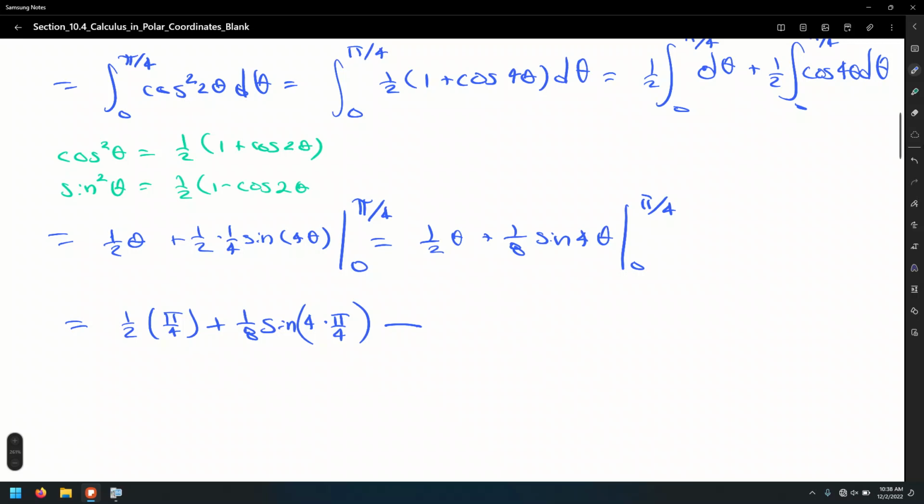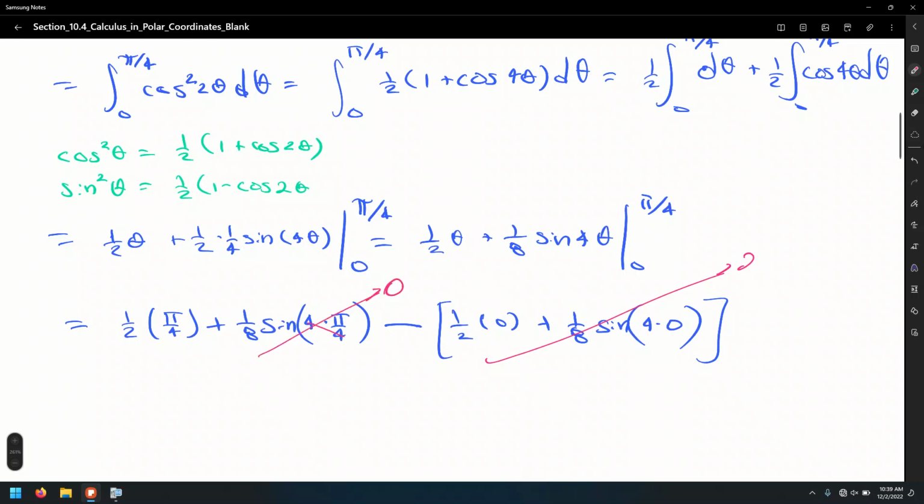For both terms, theta being 0 gets zeroed out. Sine of 4 times 0 is essentially sine 0. Let me write it down anyway. 1/2 0 plus 1/8 sine 4 times 0. This whole thing is going to get zeroed out. All this gets to 0, and these 4's cancel here. That's going to become sine of pi, but again, sine of pi is 0. So the only term that really survives here is pi over 8.